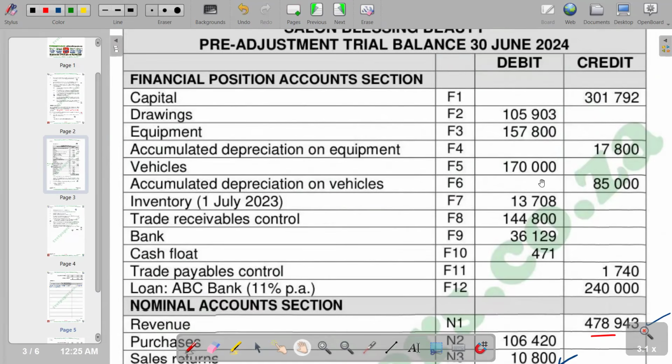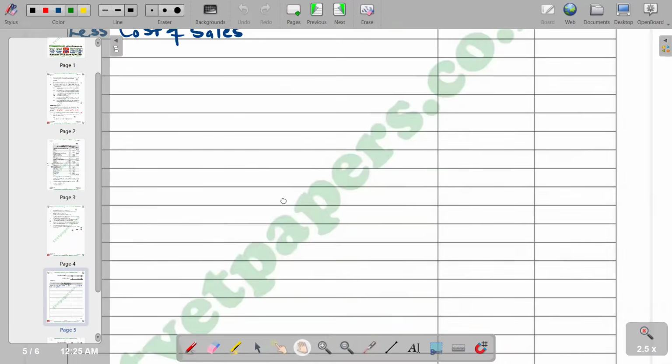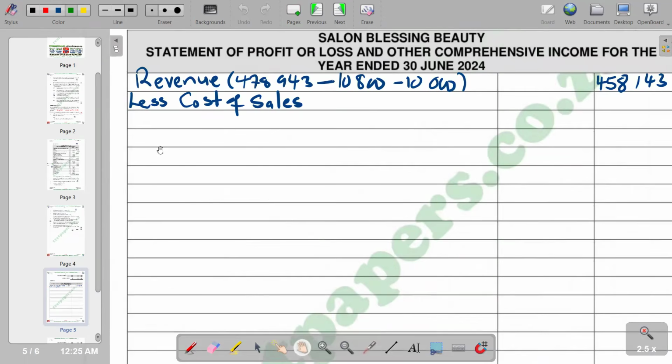So here, we are going to make our calculation of cost of sales beneath this, and we start with our opening inventory, which we identified as 13,708.